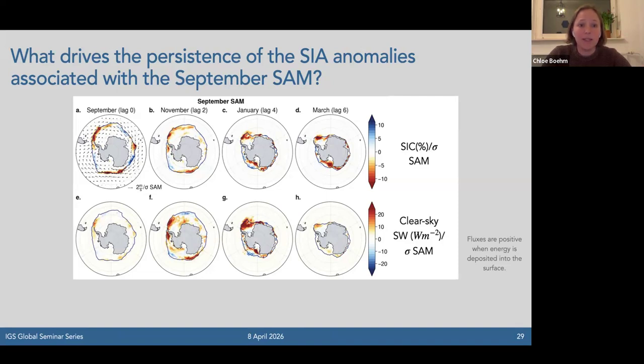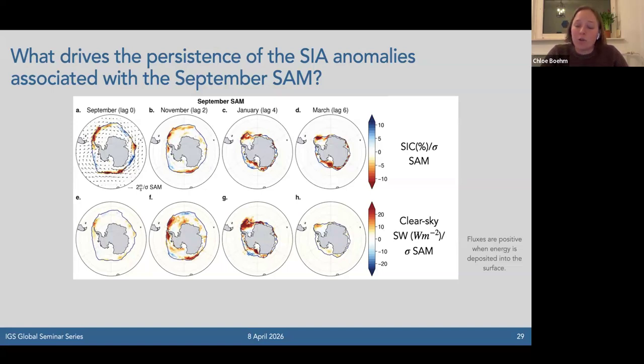What we see is that those same red areas that we see on the top, especially in November and January, where you had negative sea ice anomalies, are also where you're getting more shortwave fluxes going into the ocean. This is generally to be expected. As you lose sea ice, you of course should get more shortwave being deposited into the ocean.